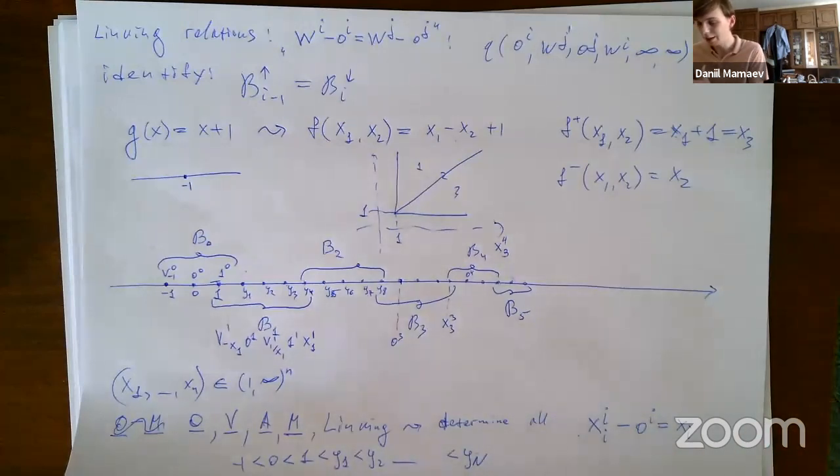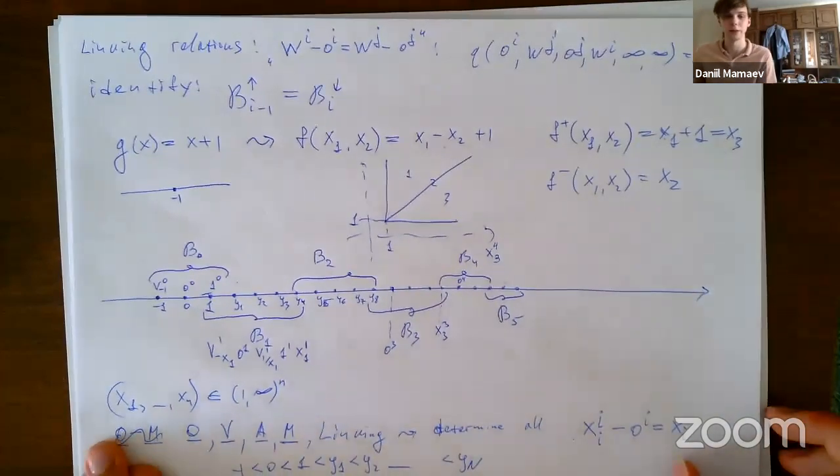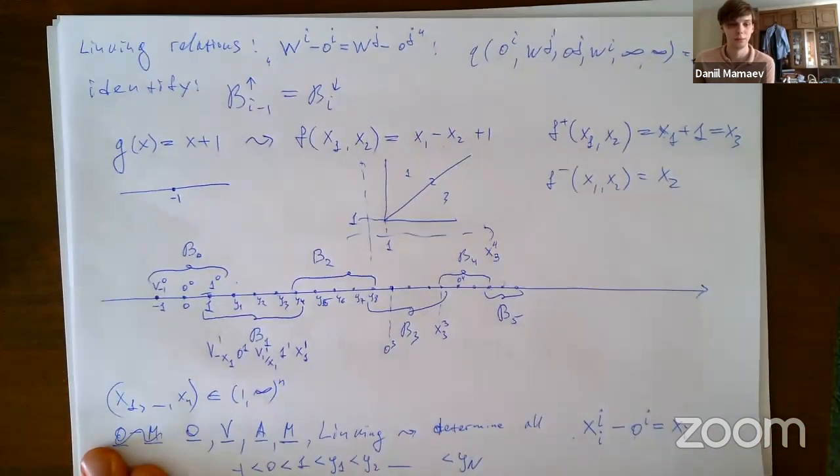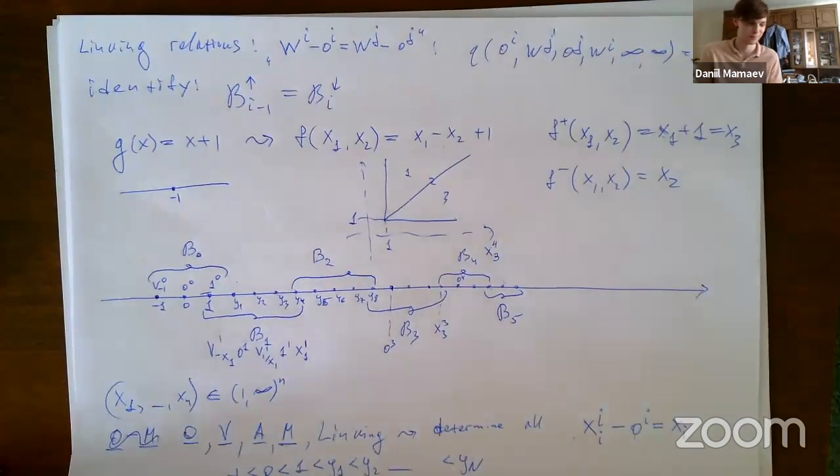Like we nonetheless need to check those quadrilateral relations. And so yeah, but probably it would be more clear. Okay. Any questions? Okay.